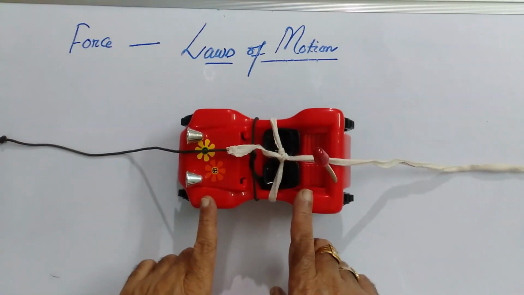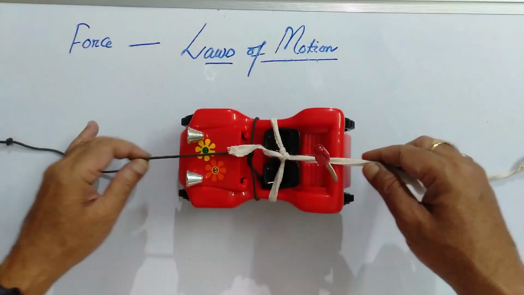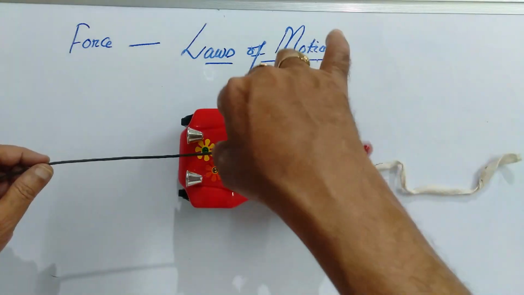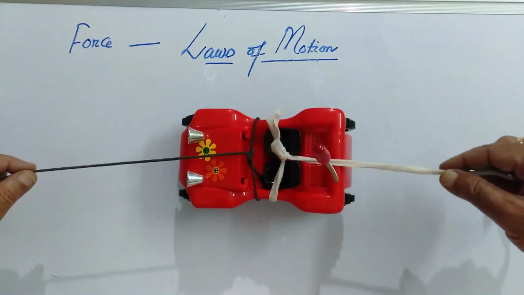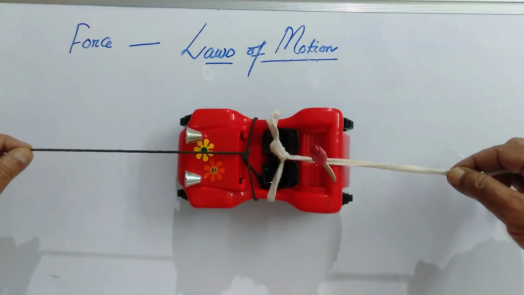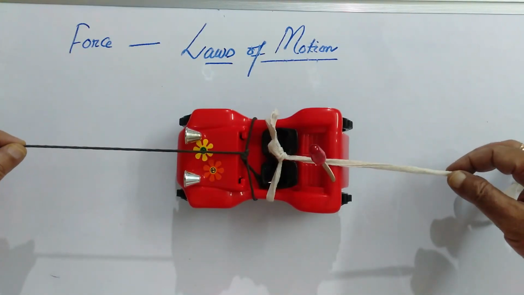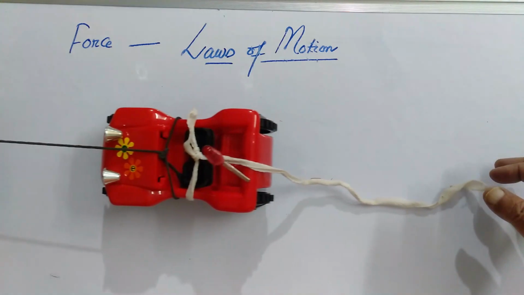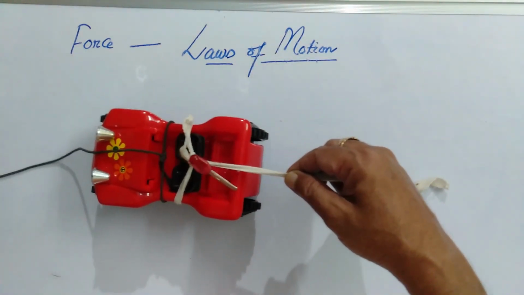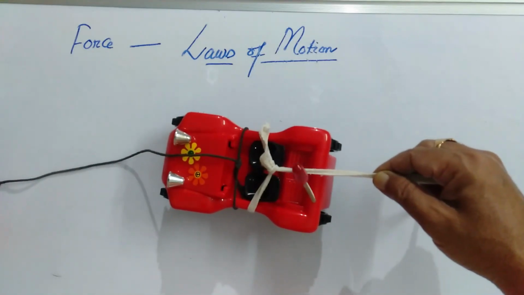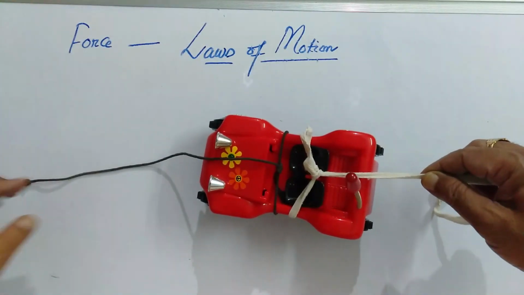You can see that this car was tied with two different ropes. Now, if I apply force on the left hand side, the car moves towards left. If I apply the force on the right hand side, then the car moves towards right.